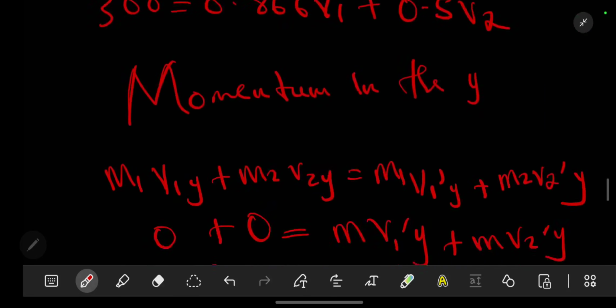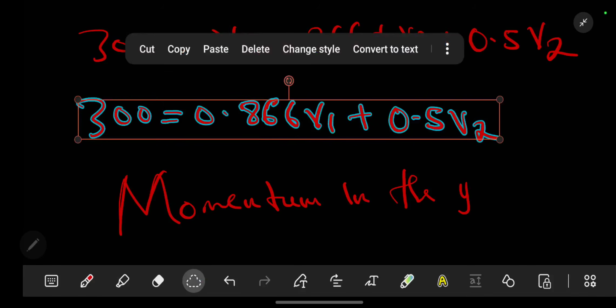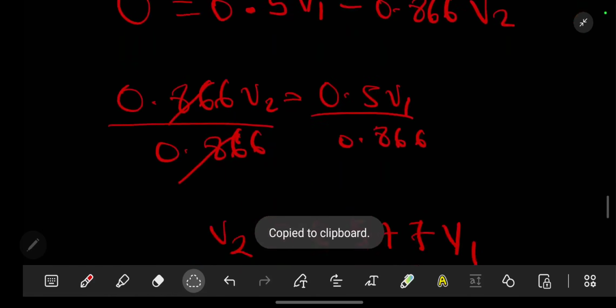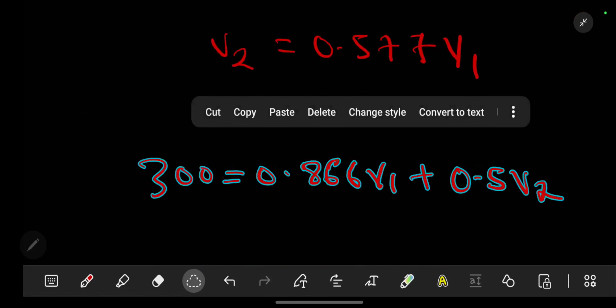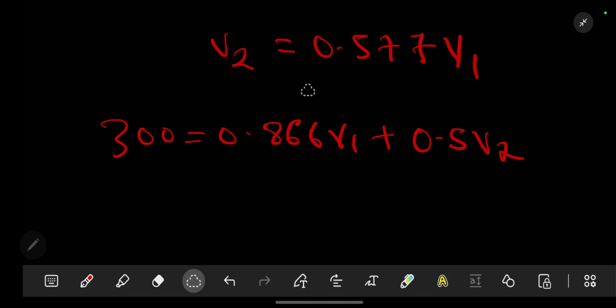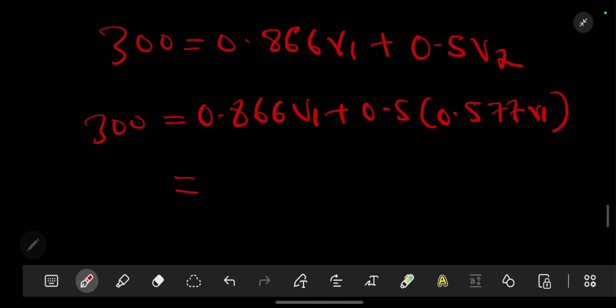Getting the other equation, and replacing, what do we get? We have said that V2 is equal to this, so wherever you see V2, you replace with that. So we are going to have 300 should be equal to 0.866 V1 plus 0.5 times V2, which is 0.577 V1.